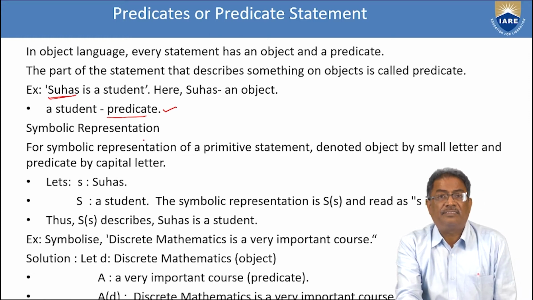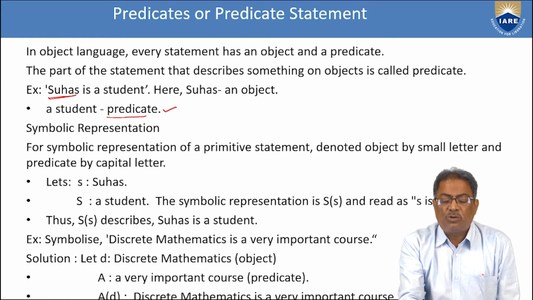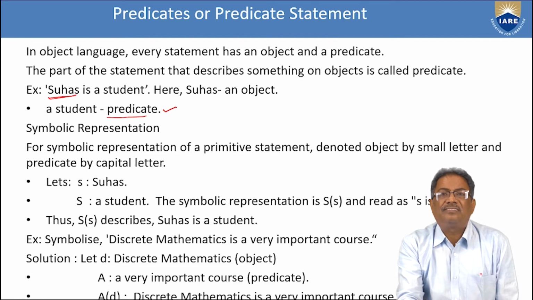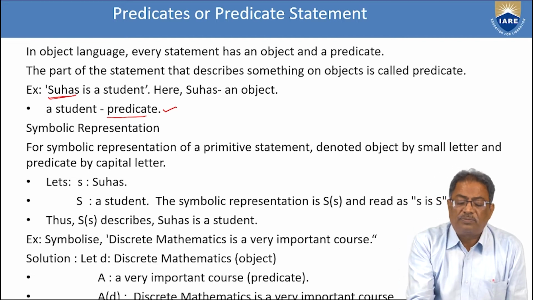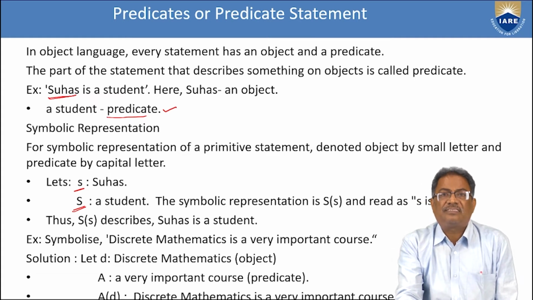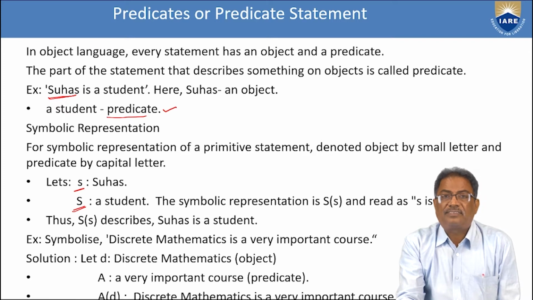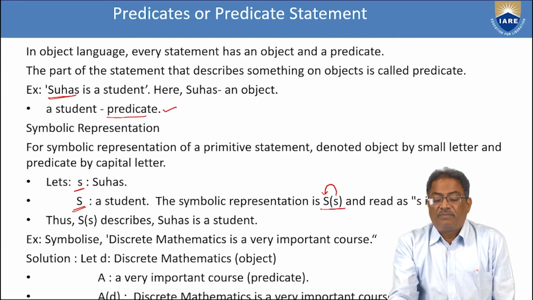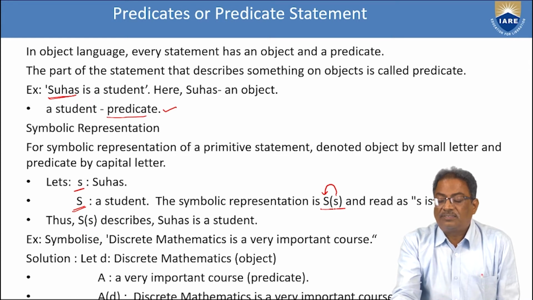Now we are going to represent this in symbolic form. The object we take with a small letter, and the predicate we take as a capital letter. Let us take the object as s for Suhas, and the predicate as capital S, a student. So the symbolic form is S(s), which is nothing but Suhas is a student.